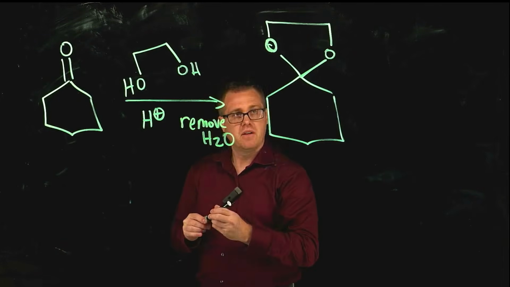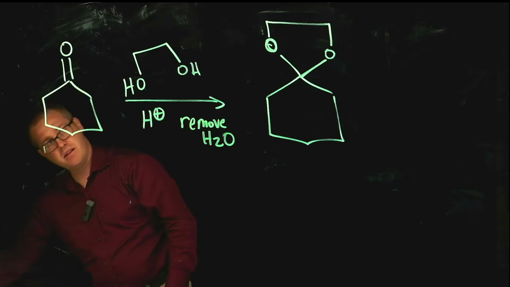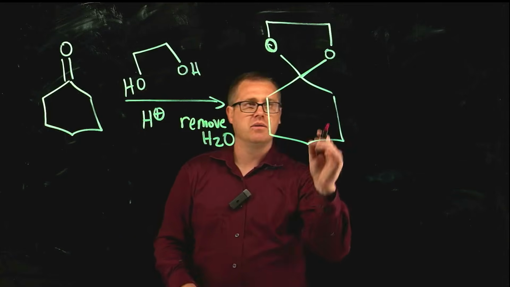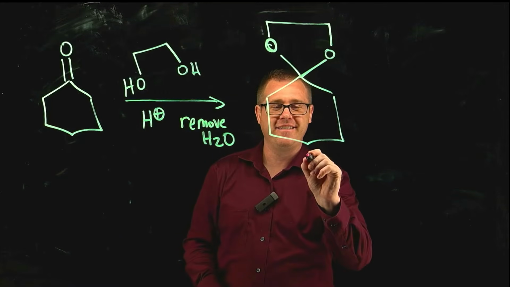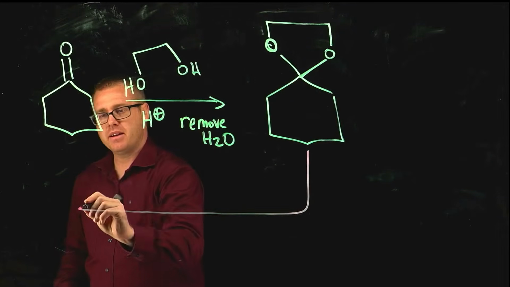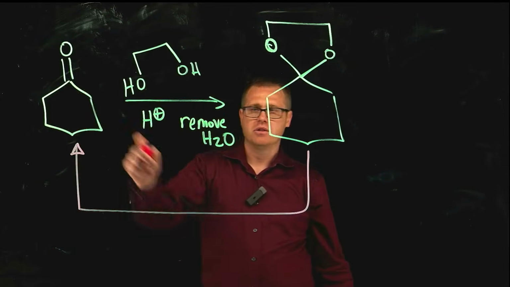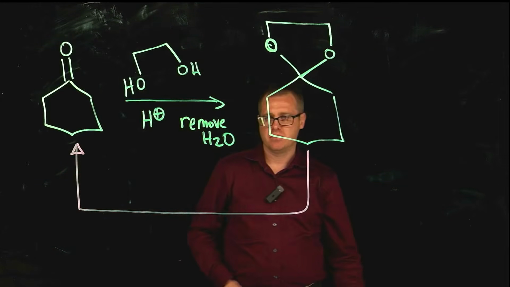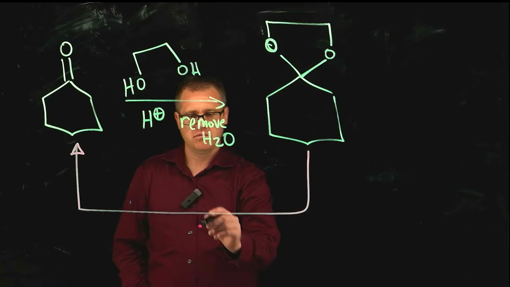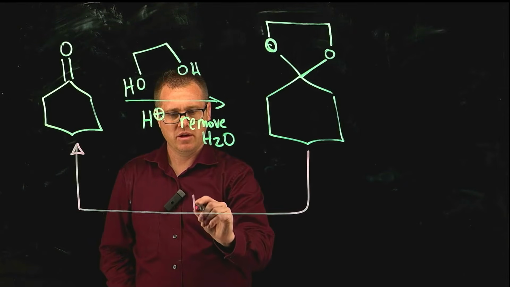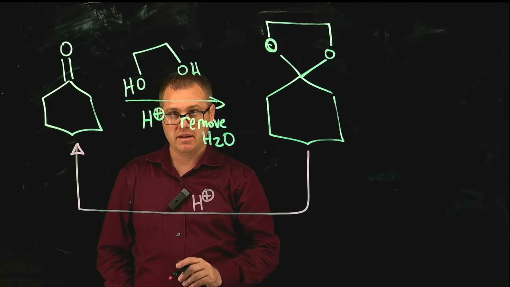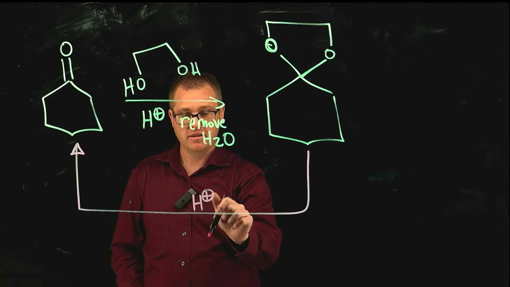But what if I have my acetal, or ketal? What if I want it to go back? What do I have to do now? Well, you're going to have a catalytic amount of acid.